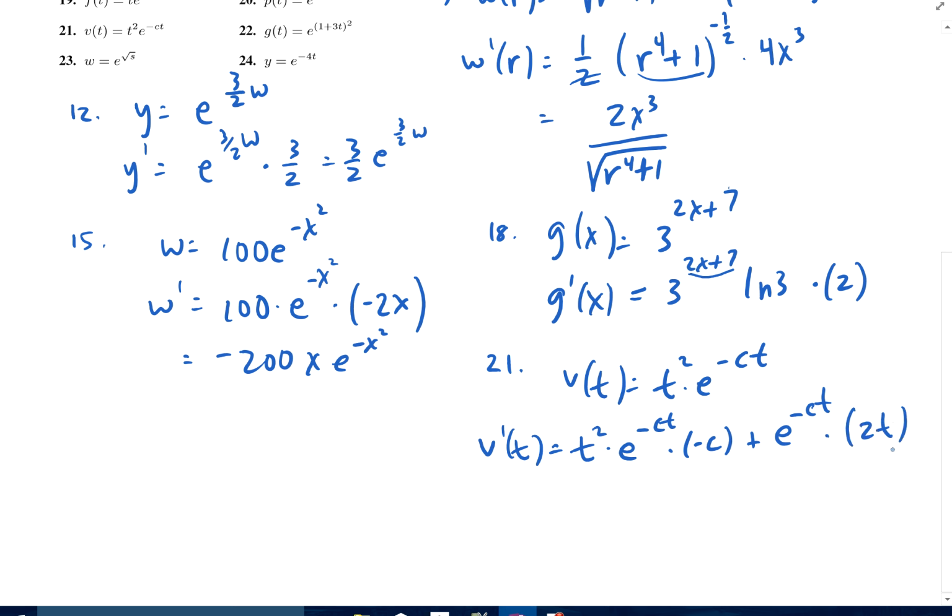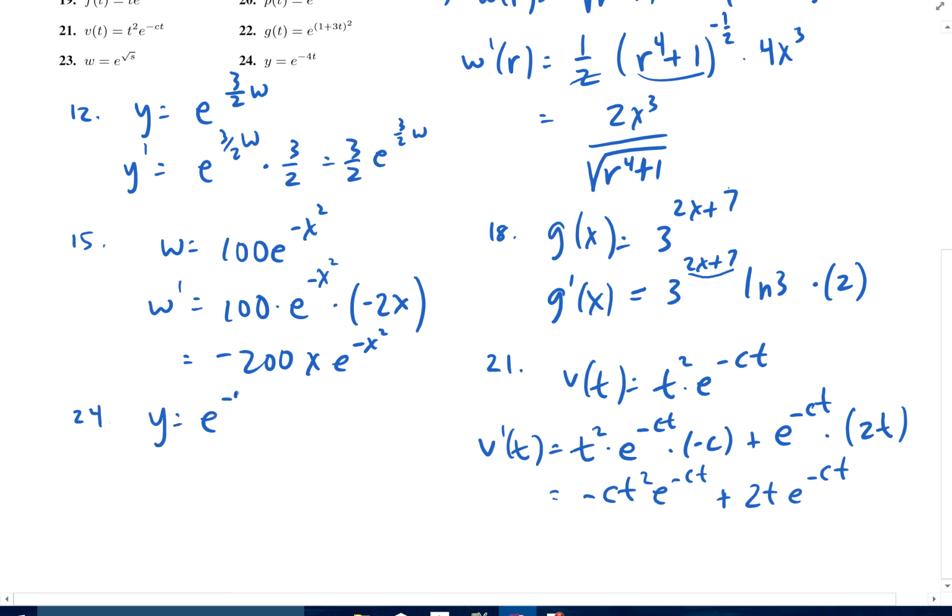Does that make sense? So we probably want to simplify it, maybe do something like this: negative c t squared e to the negative ct plus 2t e to the negative ct. Something like that probably.